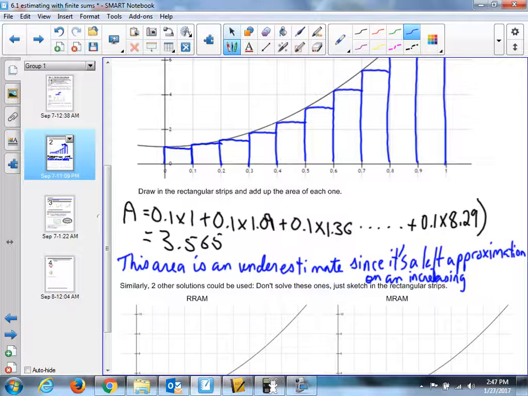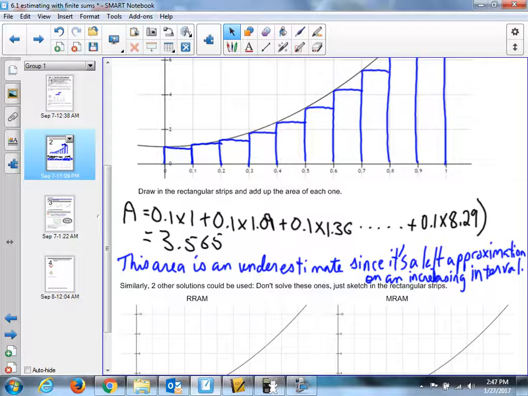There are portions of this function that are decreasing on the left side of the axis, so on an increasing interval is a better way to say that. Now, does that make sense?